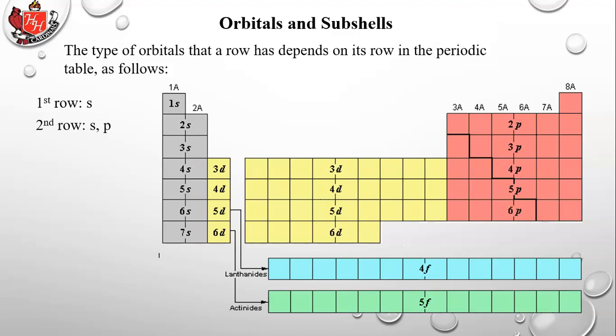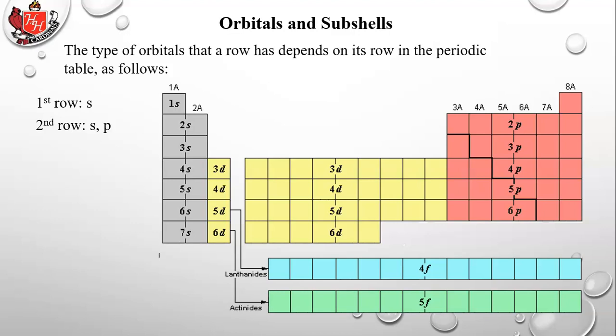So you'll notice that the first 2 elements in the second row, that would be lithium and beryllium, have a 2s orbital. The elements over to the right, from boron over to neon in the second row, if you look at your periodic table, that would be over in the pink area, they have both a 2s and a 2p orbital. So in fact, they have a 1s orbital, they have a 2s orbital, and they have a 2p orbital.